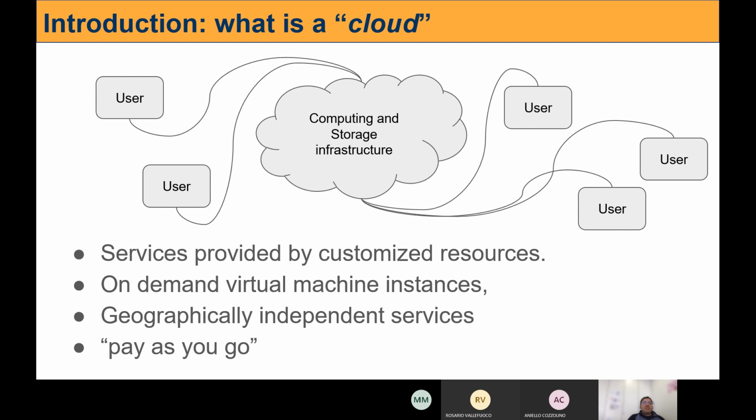Even geographically independent services are clouds, but above all, cloud services are characterized by only one approach to payment: the pay-as-you-go business. That means you don't need to buy your resources in advance. If your business size is one, you just pay for one and fit your business. As your business scales, you will scale the computational resources too.